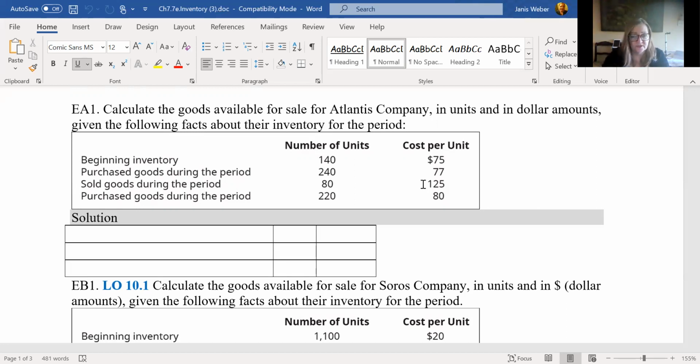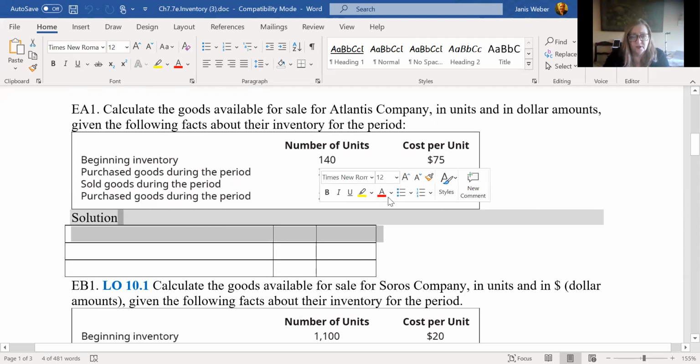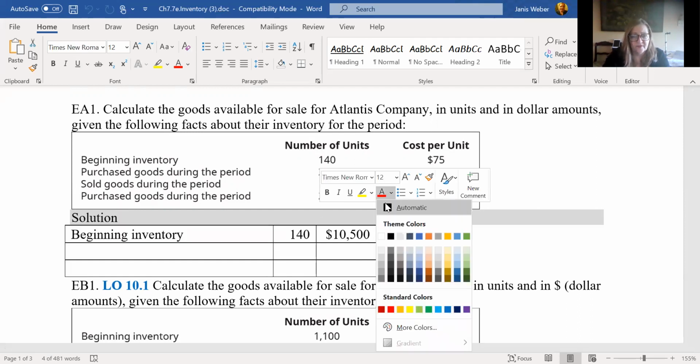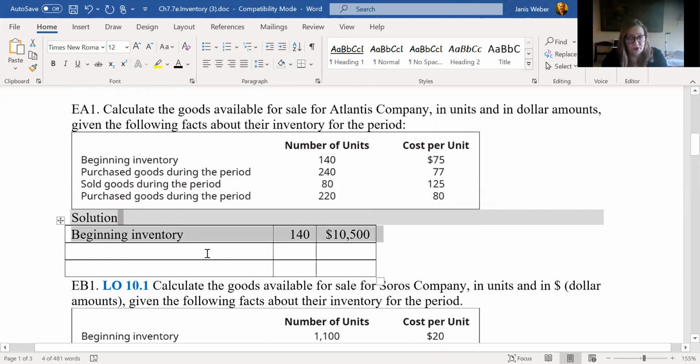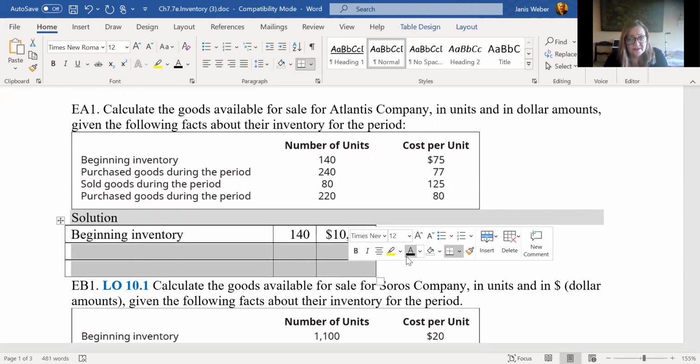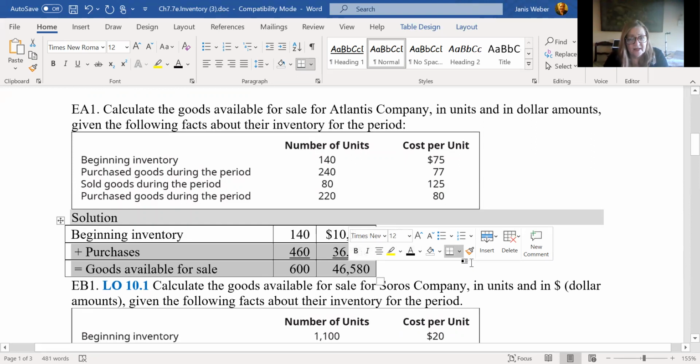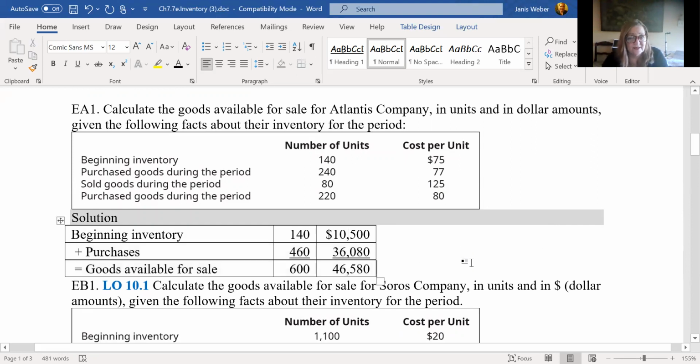So we're just going to multiply the number of units times the cost to see how much the beginning inventory was. It was just 140 units times 75, which brought us to 10,500. And then how much was purchased? The amount that was purchased is 240 units at 77 and 220 units at 80.